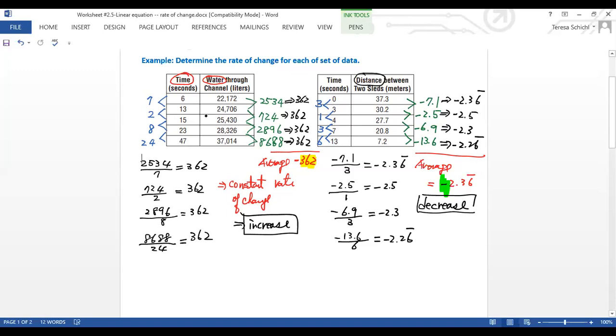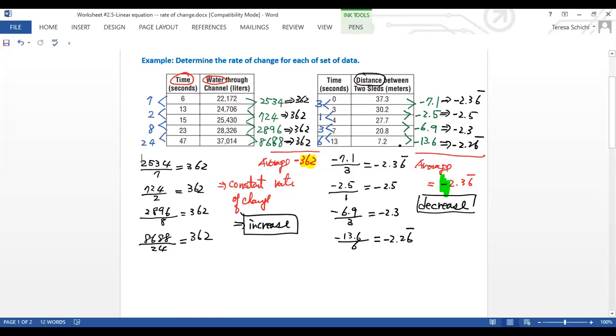The change of the water in the channel will be 362 liters per second. And when you see a negative sign, it means they go in opposite directions. Here it goes in the positive direction, meaning the more time, the more water. Here, more time, less distance.